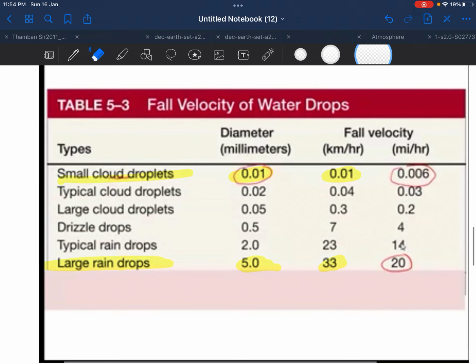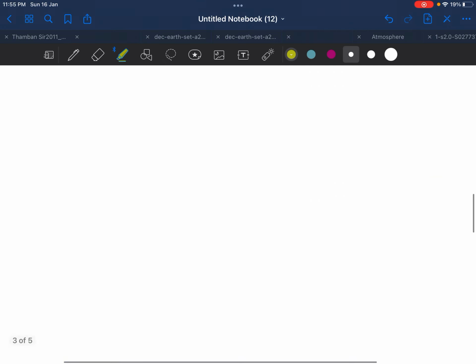Here you can see that terminal velocity concept. So basically for large raindrops, you can see the terminal velocity is very high. This terminal velocity is also known as fall velocity. So both are the same. Okay, so here for large raindrops it is 33. For small raindrops it is 0.001. Okay, so this is basically a previous year CSIR question also.